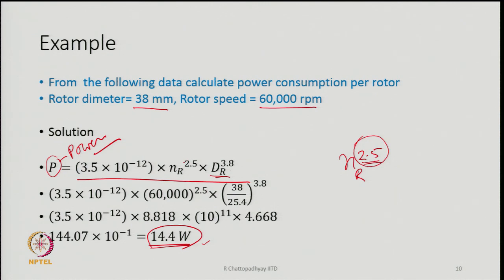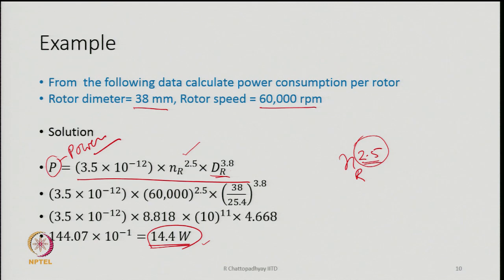So, if you are going to increase rotor speed in order to increase productivity, then we can decrease the rotor diameter simultaneously to keep the power consumption maybe at a constant level. Because if I increase Nr and decrease Dr, we may find a place where the power consumption may not change much.